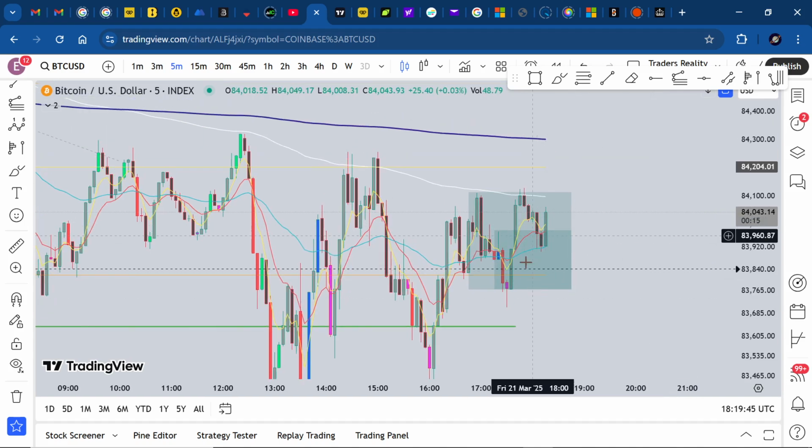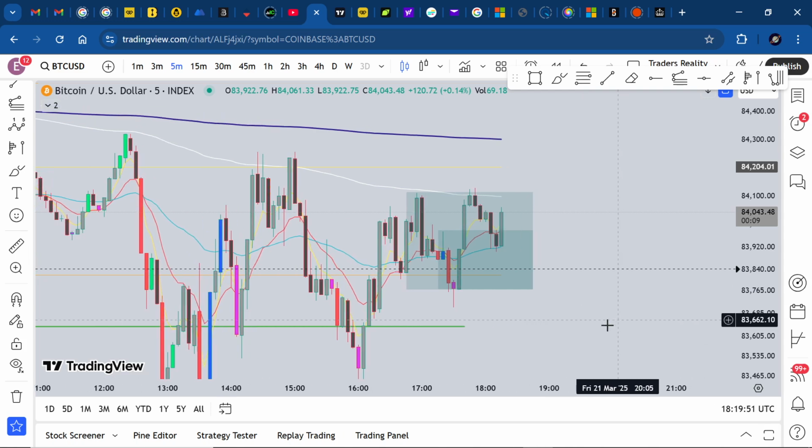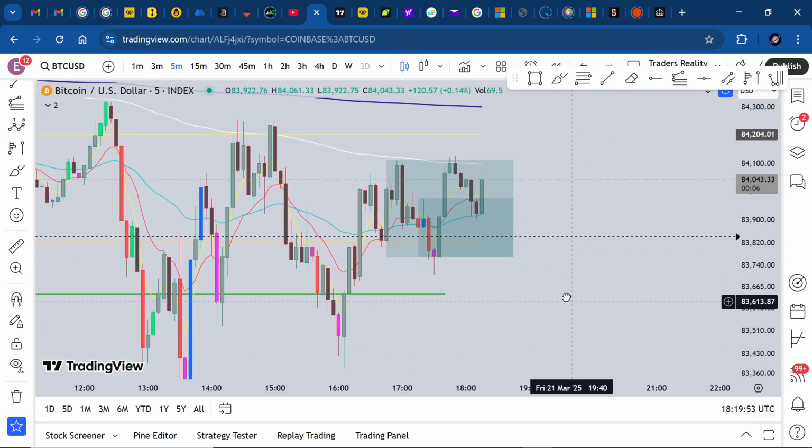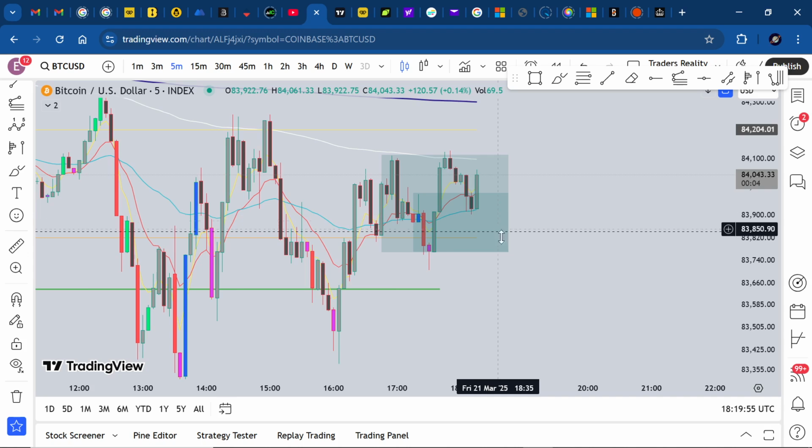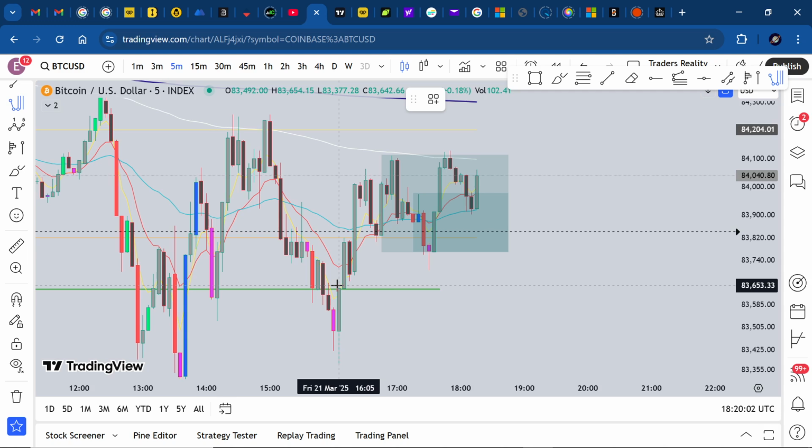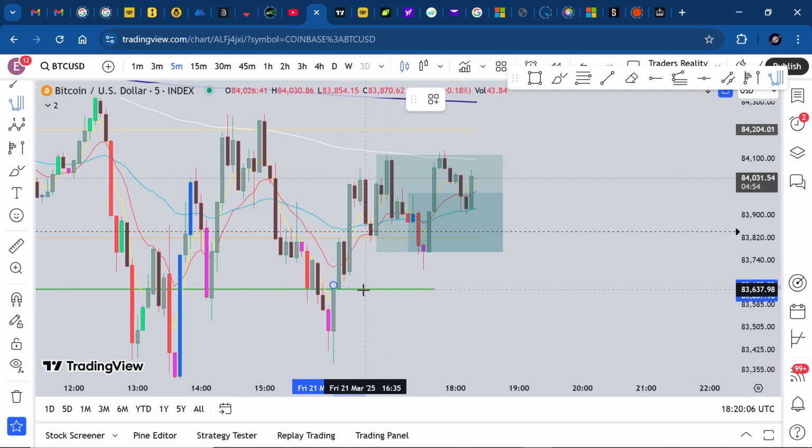We came to the 50 EMA on the 5-minute time frame. But if I did my Elliott wave count, you know what? That would tell me we could come down a bit more, because if this is a 1 from here to here, but let's just say it's from here to here.